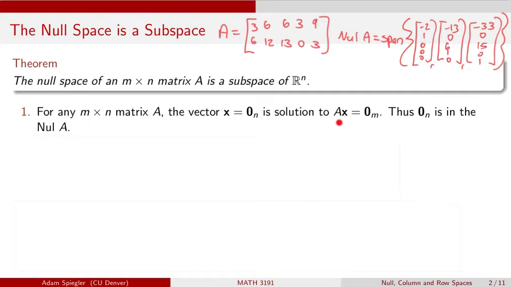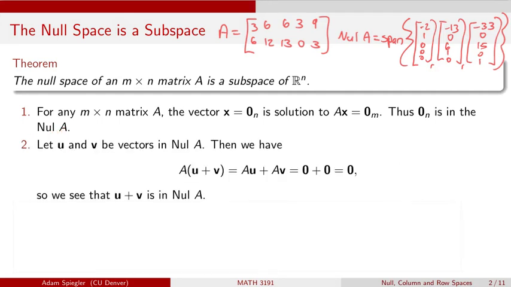So no matter what the matrix A is, if we multiply A by the zero vector, we are certainly going to get the zero vector on the right side of the equation. So the zero vector, and here we mean the zero vector in Rn, is in the null space of matrix A. That satisfies the first condition.